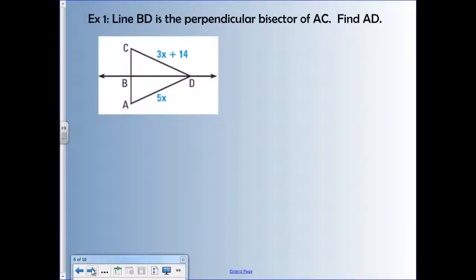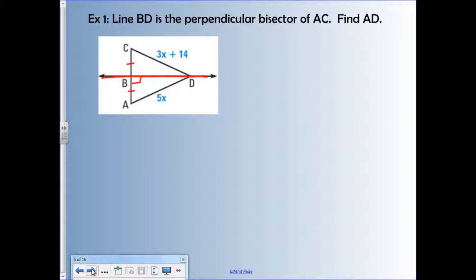So what's this mean? Line BD is a perpendicular bisector of AC, and we want to find AD. Label your picture. Line BD is the perpendicular bisector. If it's perpendicular, you've got a right angle in there. And if it's bisected, those two parts are equal to each other.